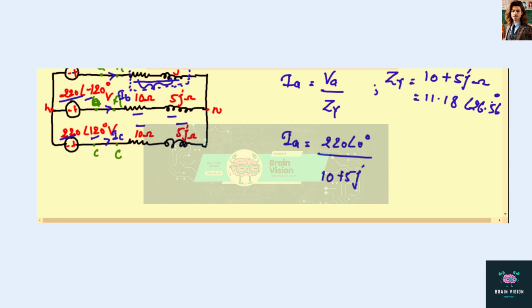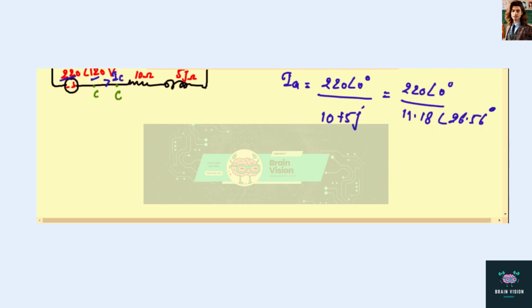So IA is 220 angle 0 divided by 11.18 angle 26.56 degrees. Simplifying, the final value of IA is 19.68 angle minus 26.56 degrees.